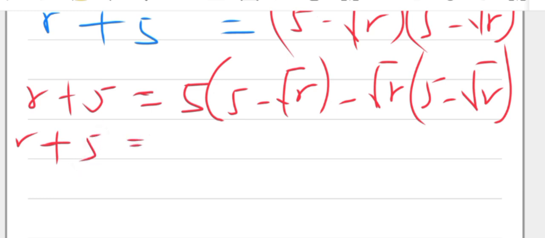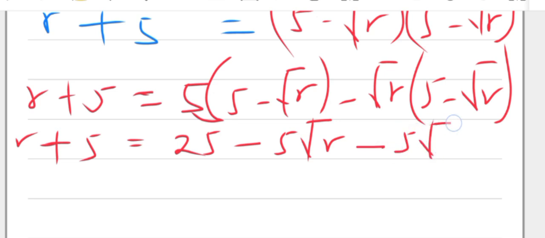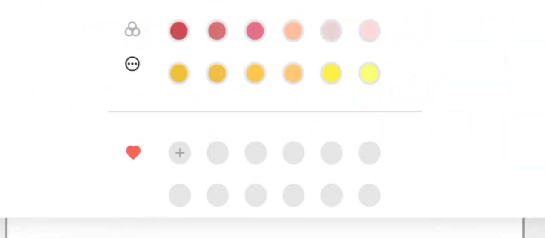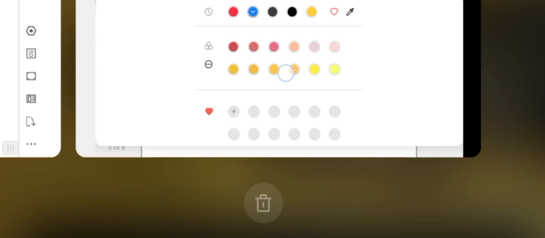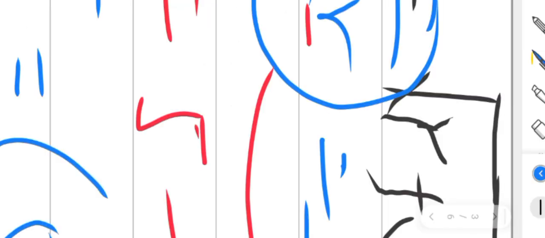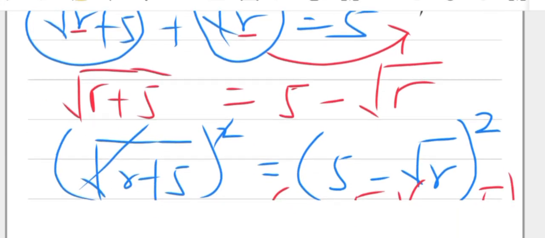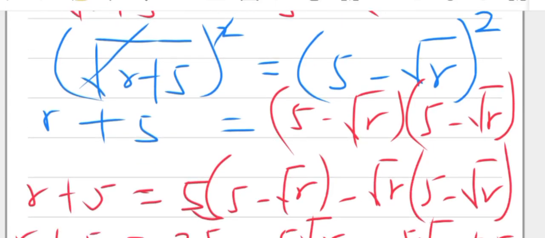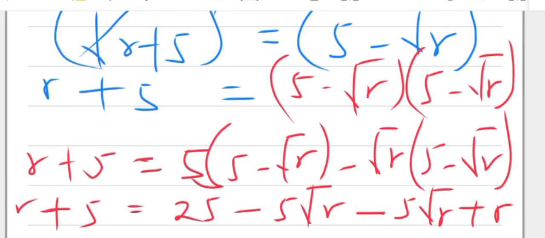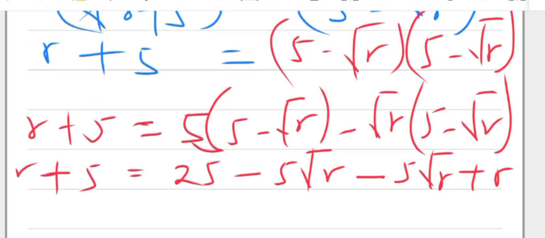The right hand side, 5 times 5 gives 25 minus 5 root r, then minus 5 root r again, then plus r. What just happened is the multiplication of the binomials 5 minus root r and 5 minus root r.